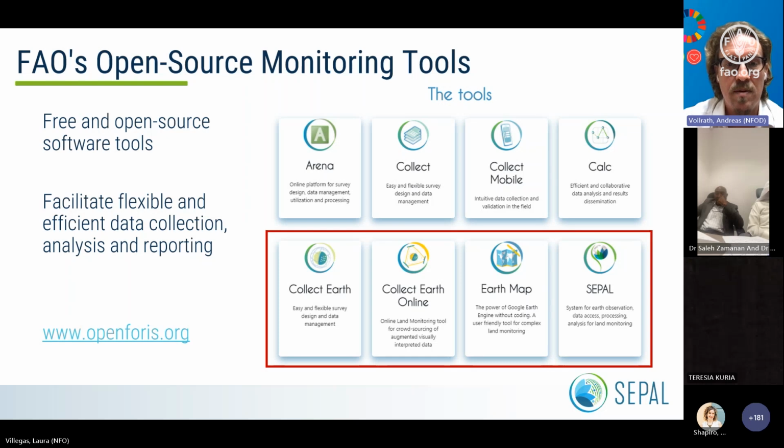There's also EarthMap that focuses more on the visualization of global data layers, for example, the Global Mangrove Watch. And then the SEPAL platform, which I will focus on today, which allows you to process your data on your own. And then there are also other tools around national forest inventories. If you're curious about those, go to the website Open Foris. Next slide, please.